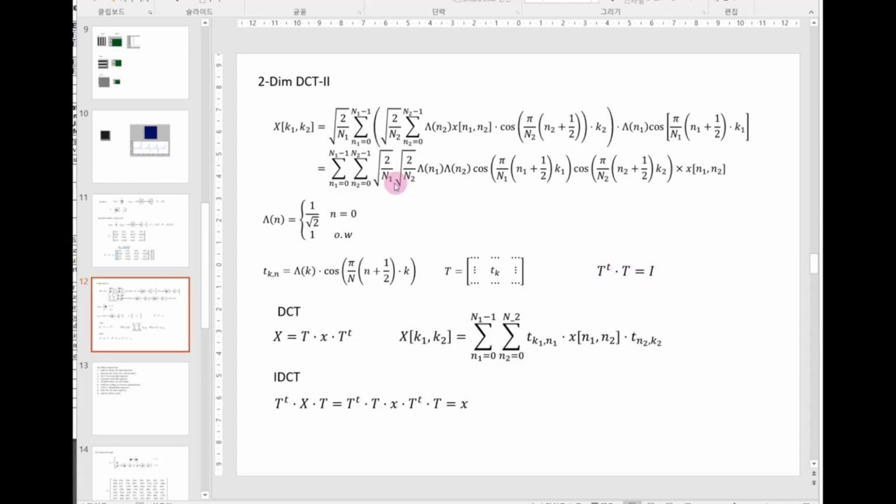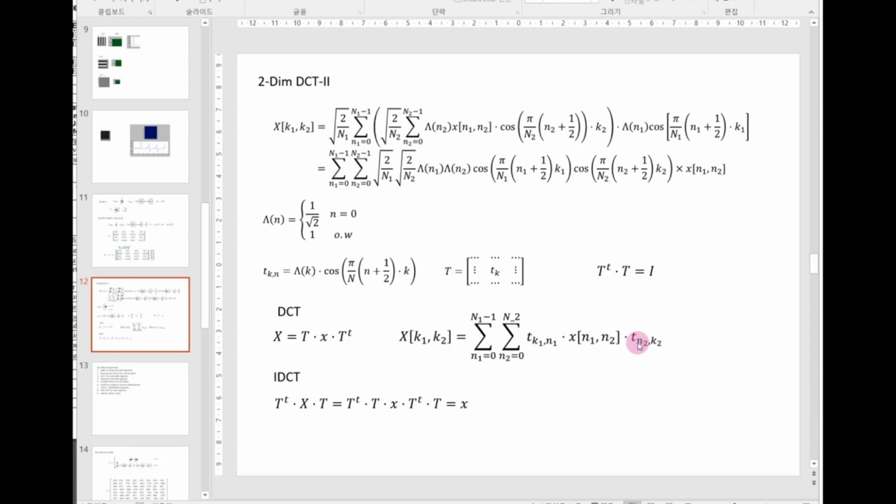To express this double matrix operation, the two-dimensional spectrum can be obtained by these two transformations. Here the X matrix has row index K1 and column index K2. The product is given like this as N1 and N2 change, and the data is also two-dimensional, so N1 is the row index and N2 is the column index.